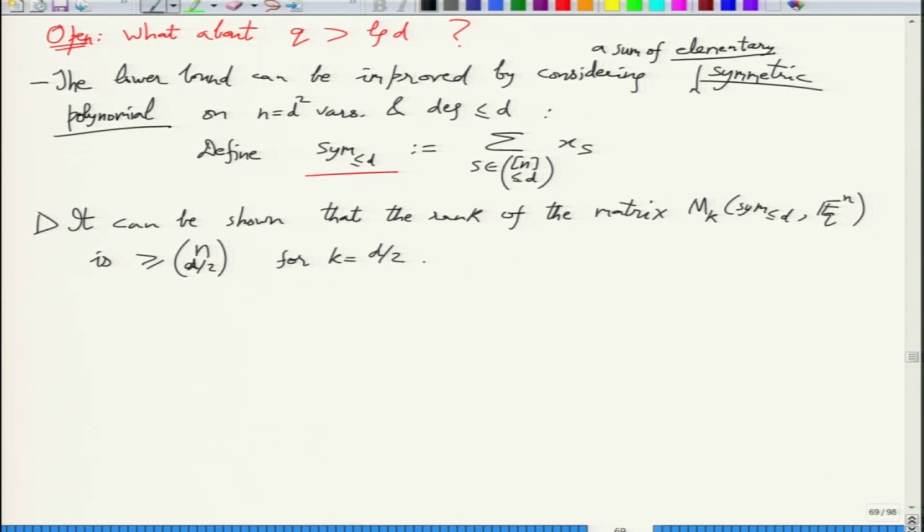So basically the rank lower bound argument in the previous proof can be improved. The rank upper bound argument on depth 3 circuits remains the same, and then you match the two and you will get the lower bound of n to the d. So that's optimal.